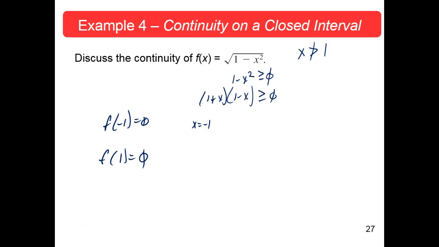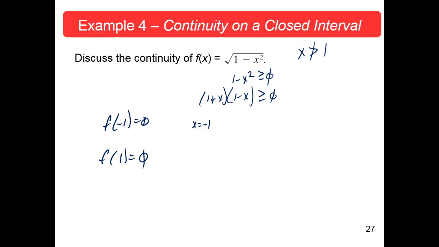Guess what's going to be in between? It can't go here, so what do you reckon? I'm guessing it can't go here either. So our whole domain is between these two. And we know that it's defined here and here, so we do have a closed interval from -1 to 1.